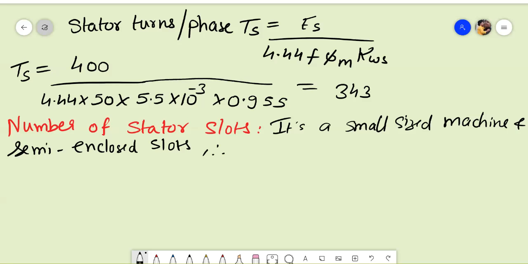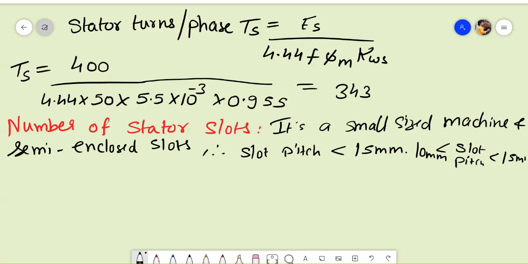And therefore the pole pitch, or you can say the slot pitch, can be less than 15 millimeter. Okay, but it should not be less than 10 mm. So the slot pitch should lie between 10 millimeter and 15 millimeter.